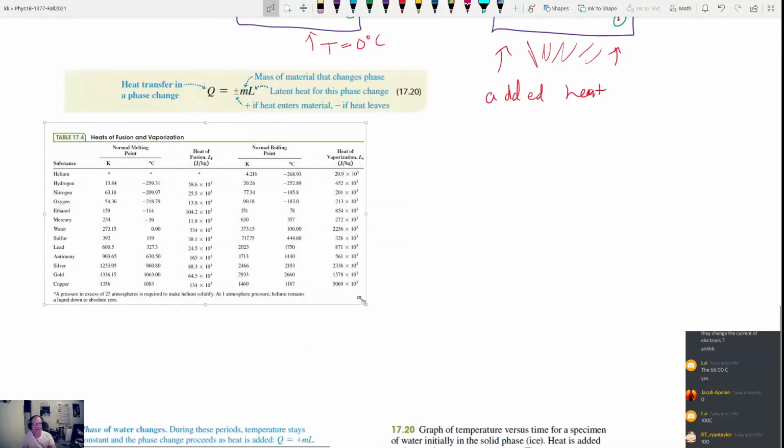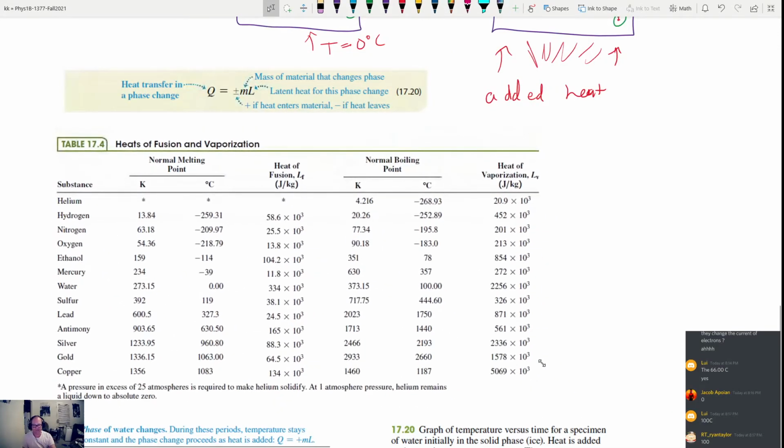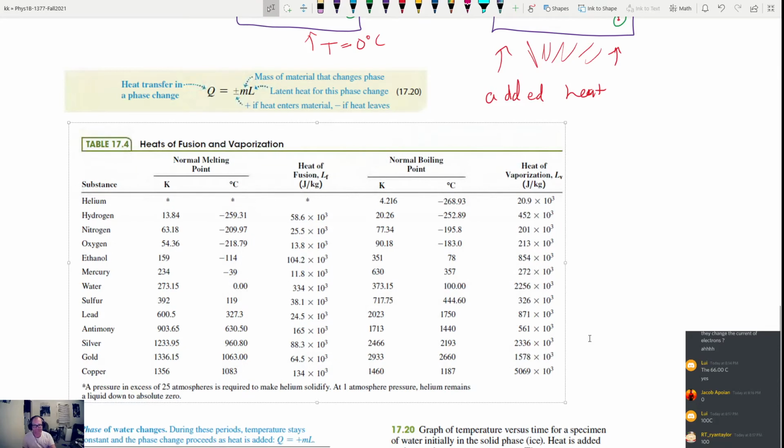Now, what is L equal to? Well, for that, we've got to use a table. We've got a lot of tables in 1B. In order to understand what the L represents, we come to this table. Let's look at just one portion of the table, which is water. We have the latent heat of fusion and the latent heat of vaporization, with units of joules per kilogram.